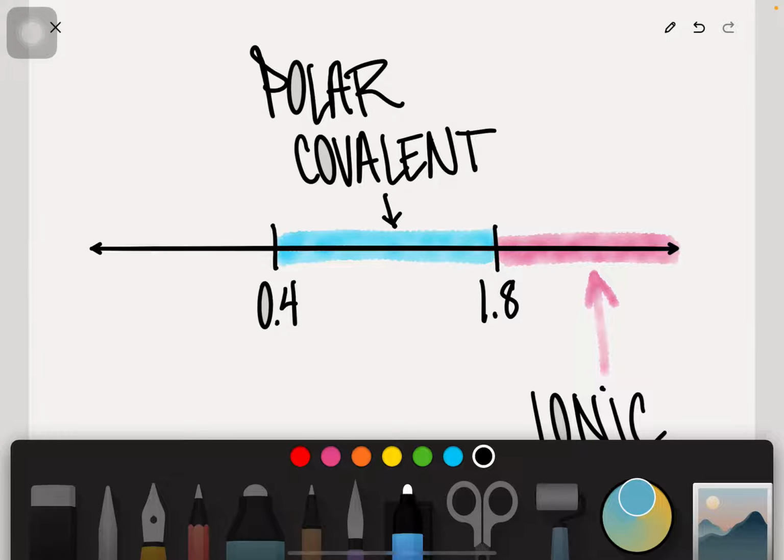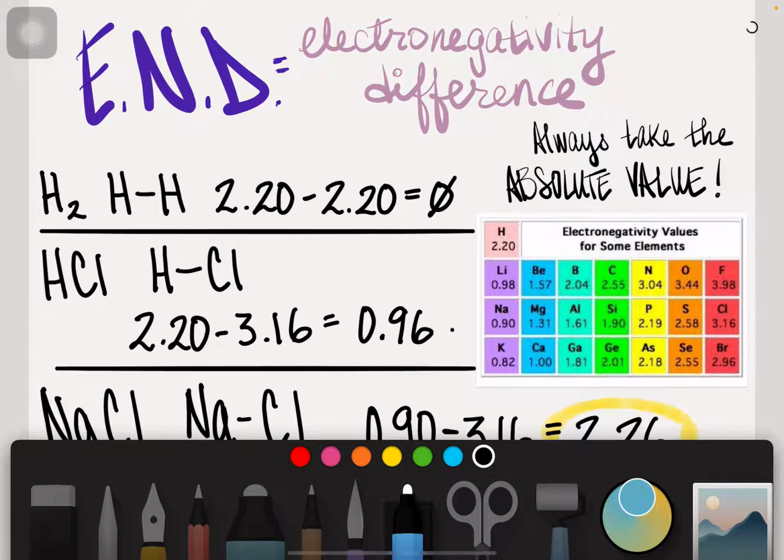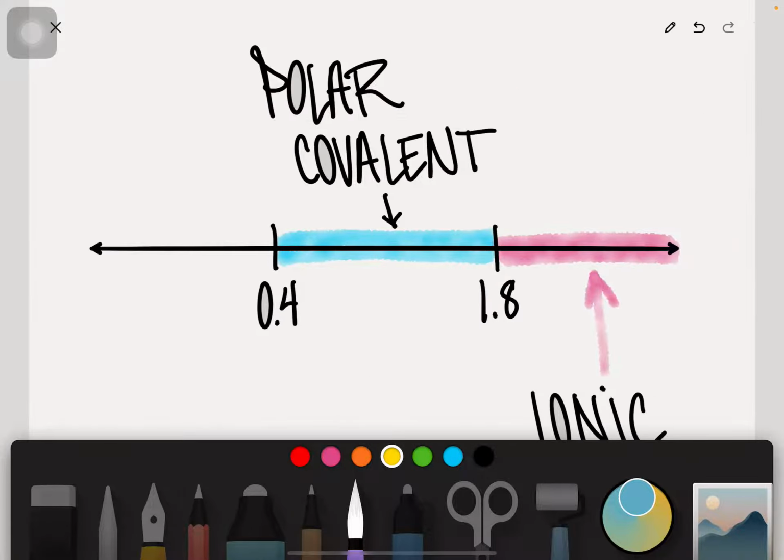And lastly, so that was our polar covalent, and here we have 0. Let's go back over here. This is less than 0.4, so that is what we call non-polar covalent.